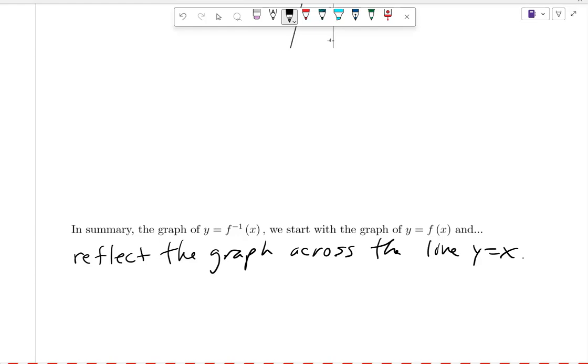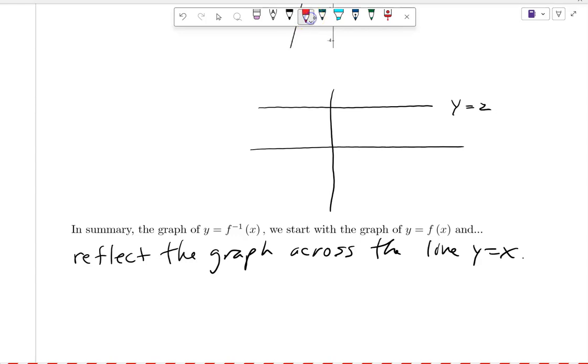And also, by the way, we talked about the horizontal line test as checking if something is 1-to-1. Say I have the horizontal line y equals 2, and I ask you to reflect that about y equals x, or flip-flop your x's and y's.